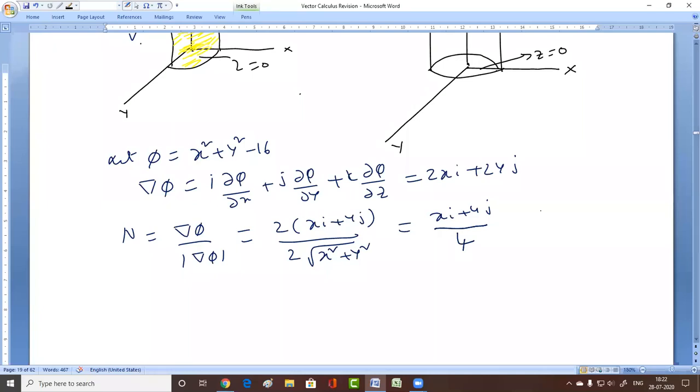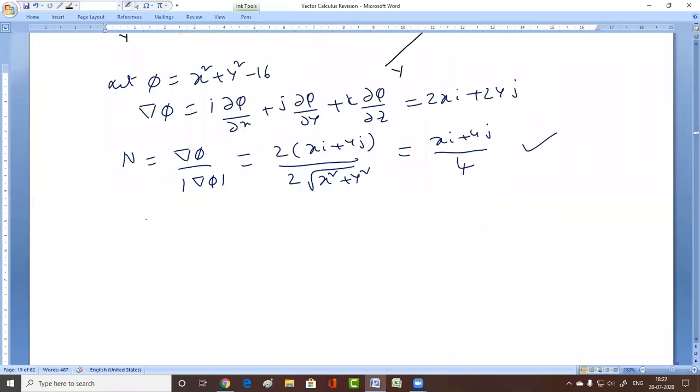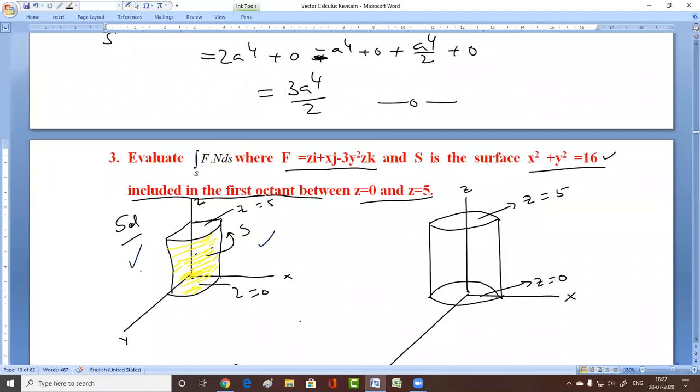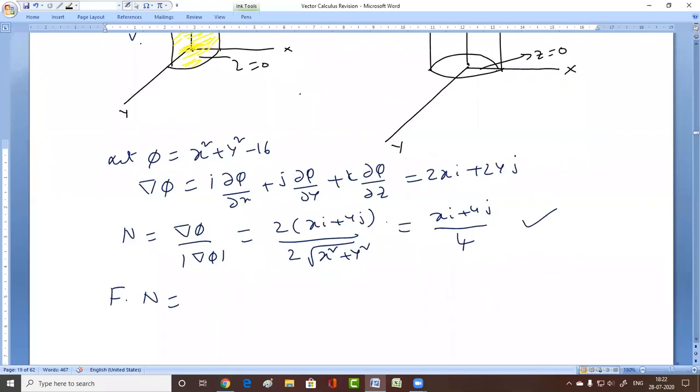After finding the unit normal, now find F dot n, the dot product of F and n. F equals z i plus x j minus 3y square z k. So take the dot product with n.